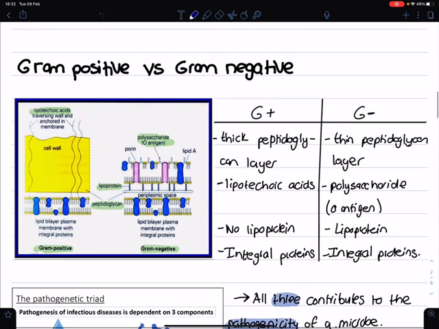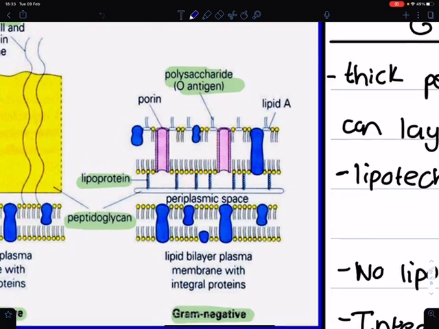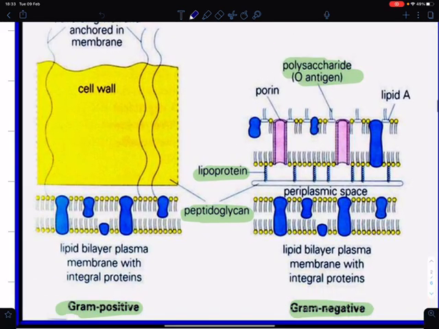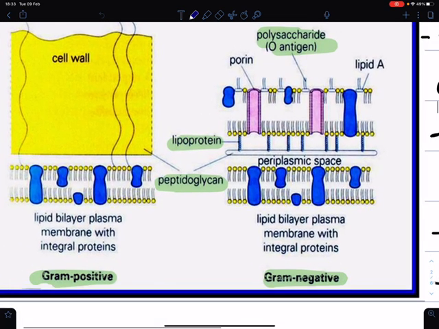Okay, so let's look at the cell walls or the plasma membranes of gram-positive versus gram-negative bacteria. The main difference is that gram-positive bacteria have a very thick peptidoglycan layer, whereas gram-negative bacteria have a very thin peptidoglycan layer and a periplasmic space.